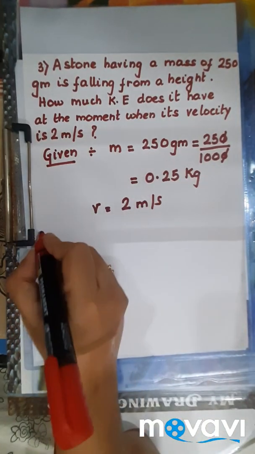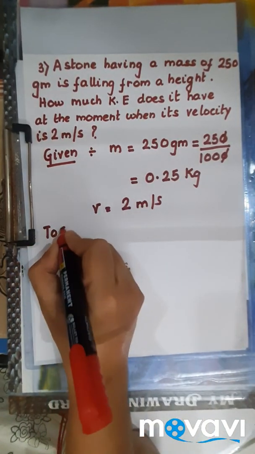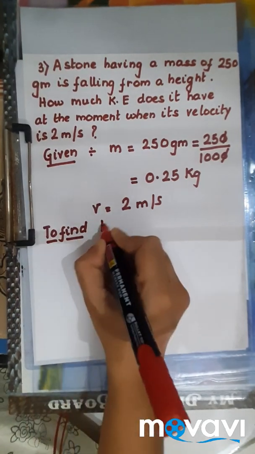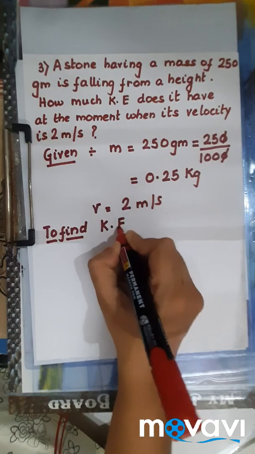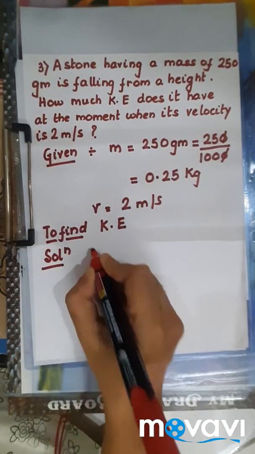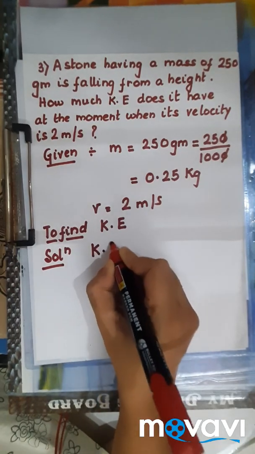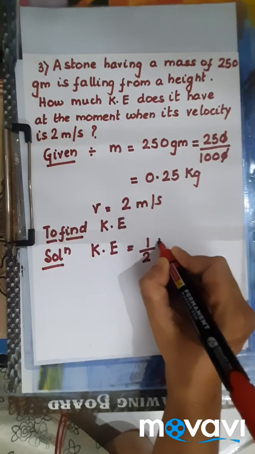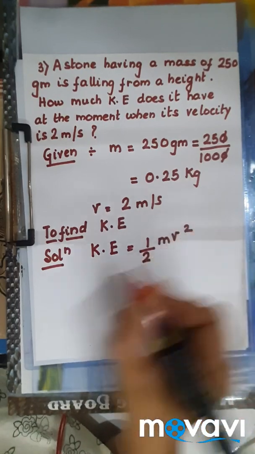So I have to find out the kinetic energy. So to find kinetic energy, see my solution. What is my kinetic energy equal to? Kinetic energy is equal to half mv square.